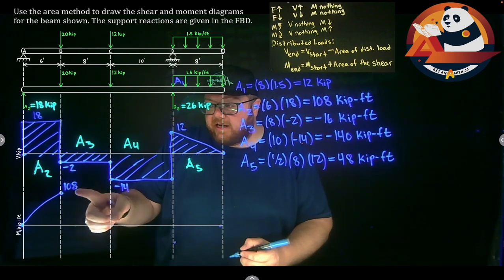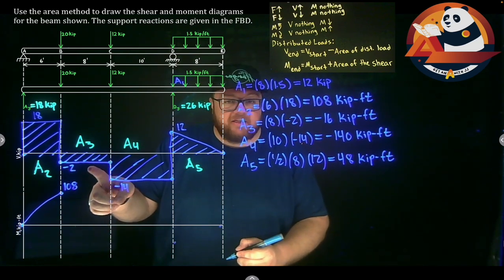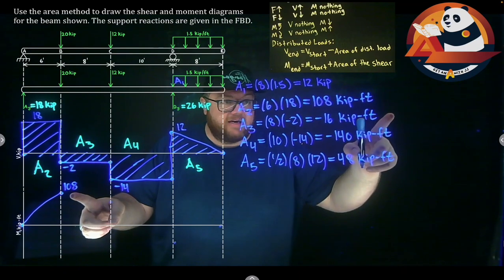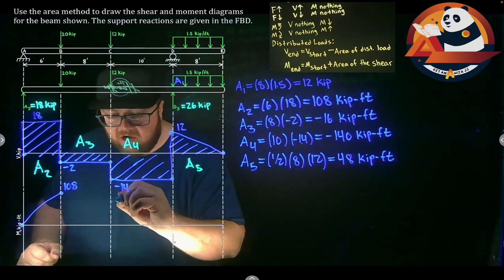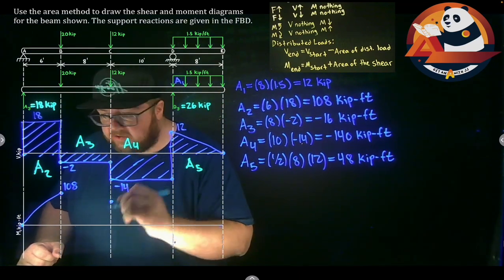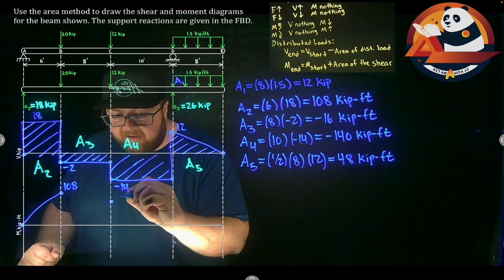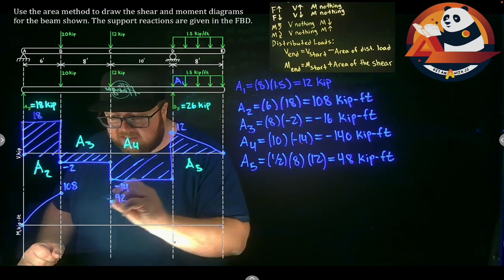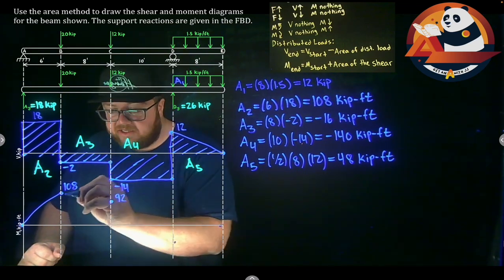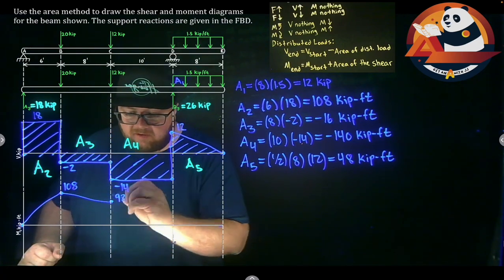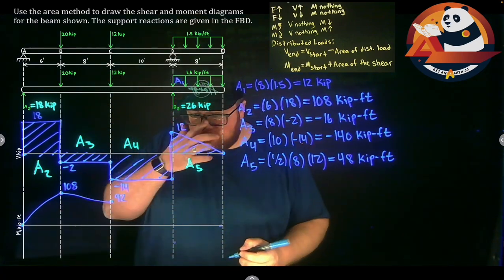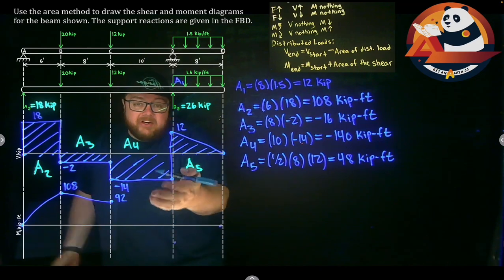As I go to the next one, the moment at the end of area 3 is the moment at the beginning, 108, plus area 3. 108 plus a -16 will drop us down a little bit because we're adding a negative. We're going to end up at 108 minus 16 is 92. Constant shear, linear moment, so straight line. Then we can do that with area 4.